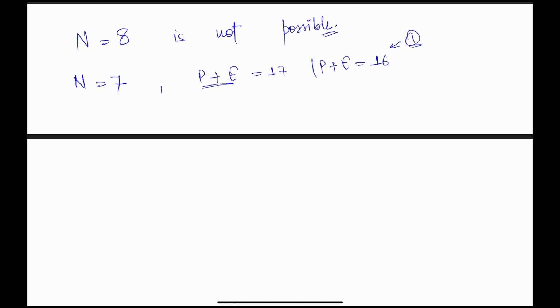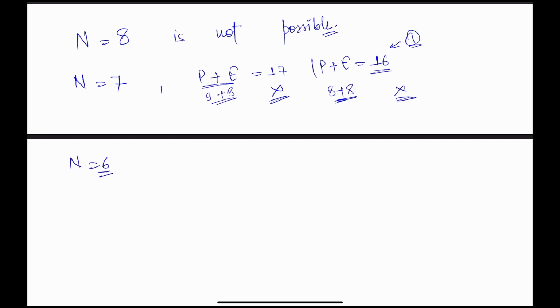For P plus E to be 17, 8 plus 8 should be there, or if not, then 9 plus 8. 9 is already taken, so this condition is not possible. 8 plus 7 is also not possible, so N equal to 7 is also not possible.